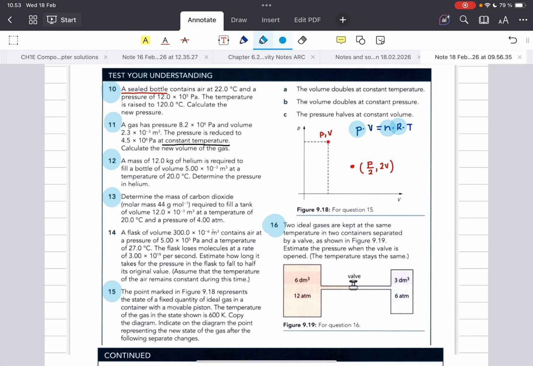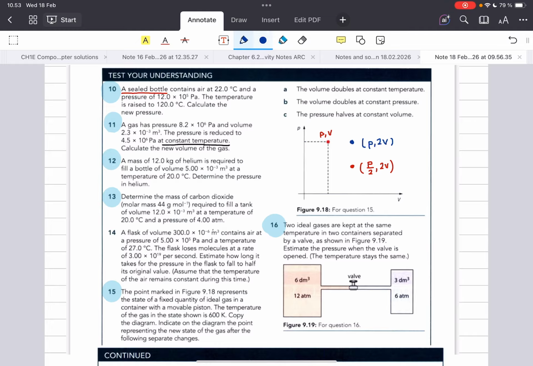So when the volume doubles, the point will be here, because now you will have the same pressure and double the volume, right? So the same pressure as the original, and it should be on this line, right? And then the volume doubles. That's what's going on. So that was B.